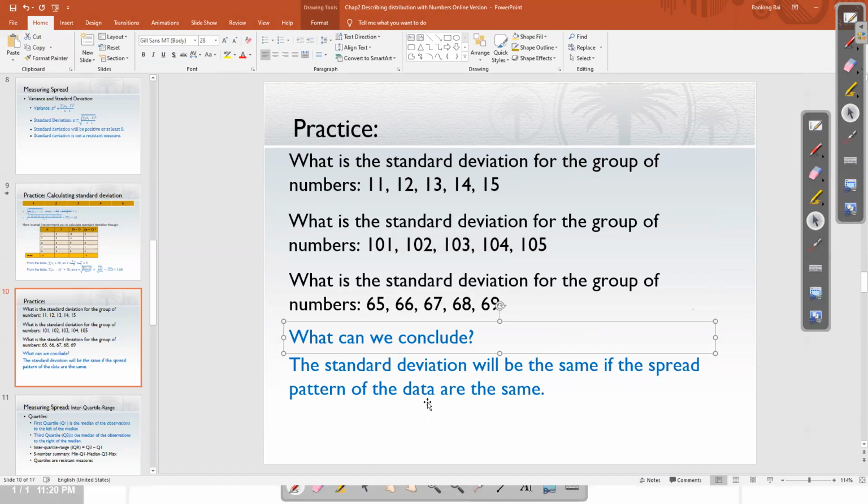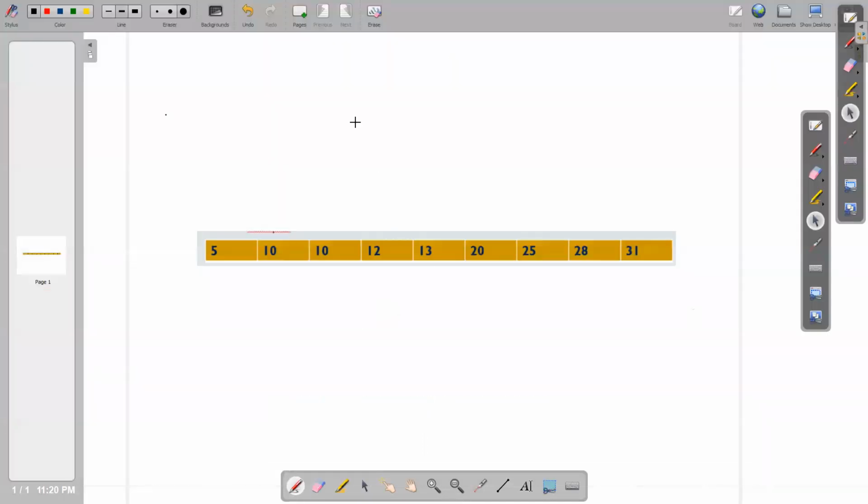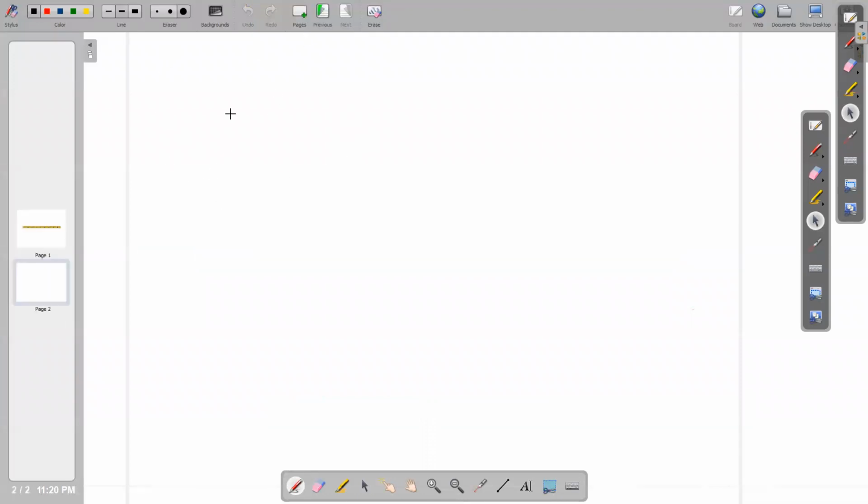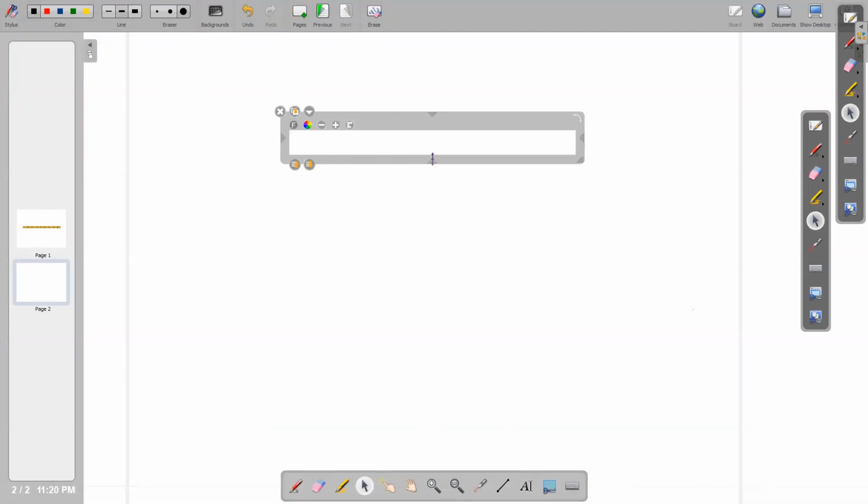So in the homework, there's another kind of question that we'll ask. So for example, I can ask you to compare two sets of data for mean and standard deviations.